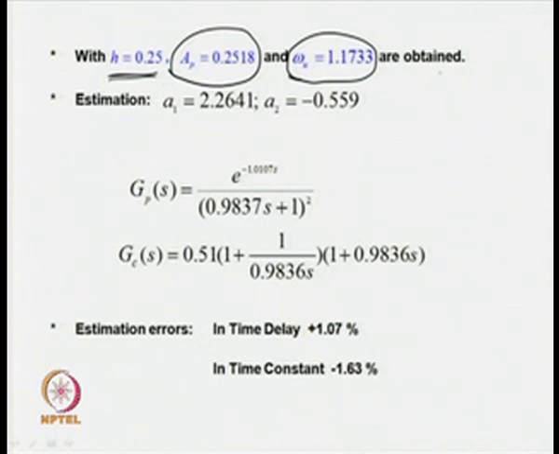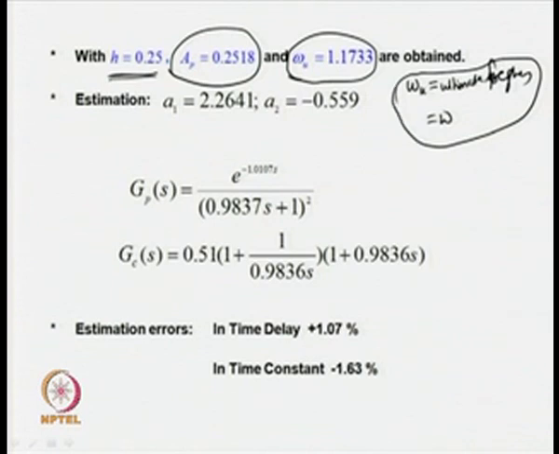Now, for using this value in the formula, I assume that omega u is the ultimate frequency, which is nothing but the frequency omega. So, for all practical purposes, we will use omega equal to omega u.